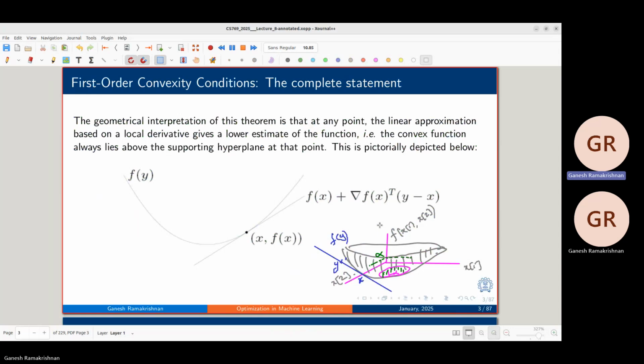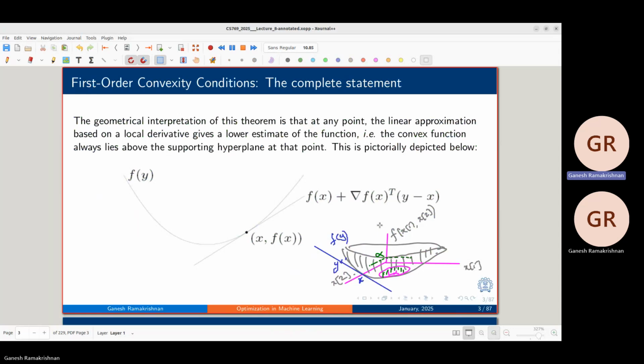This gave you the supporting hyperplane. I mean, it actually gave you the perpendicular to the supporting hyperplane, right? That's how it lies. Okay, in this case, the gradient is in this direction. I hope this is clear, right?